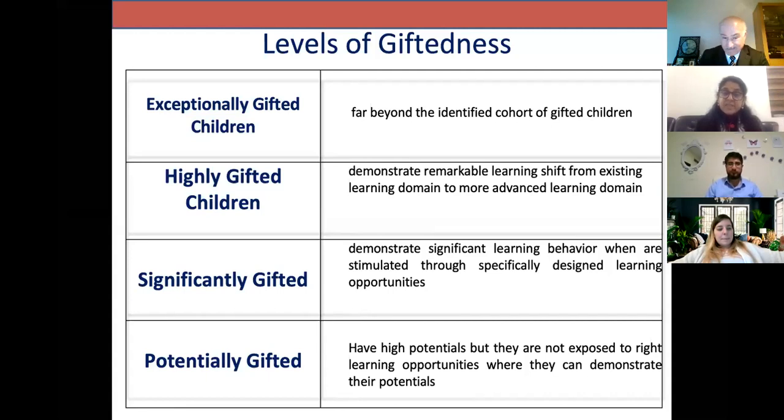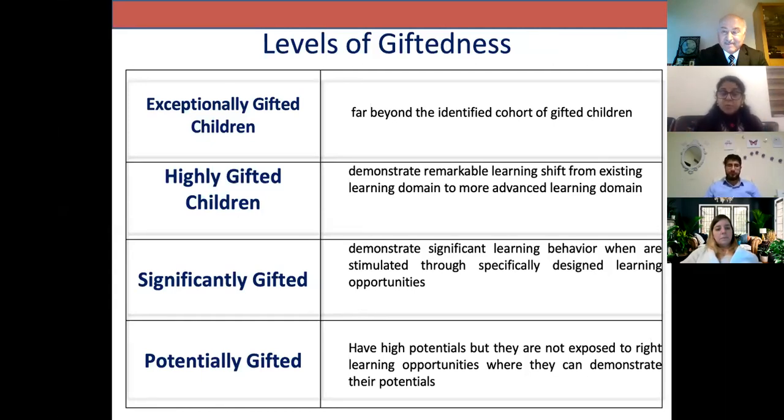Then the significantly gifted are those who demonstrate such learning behaviors when they are stimulated through specifically designed learning opportunities. And highly gifted children demonstrate remarkable learning shift from the existing learning domain to more advanced learning domains. And exceptionally gifted children are far beyond the identified cohort of the group.